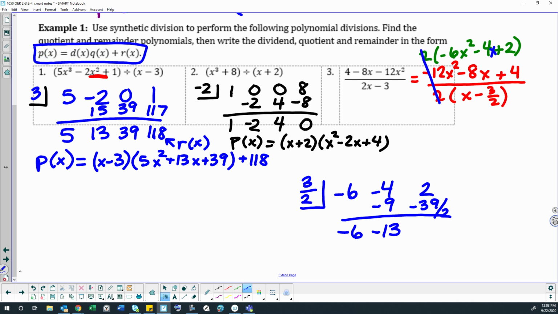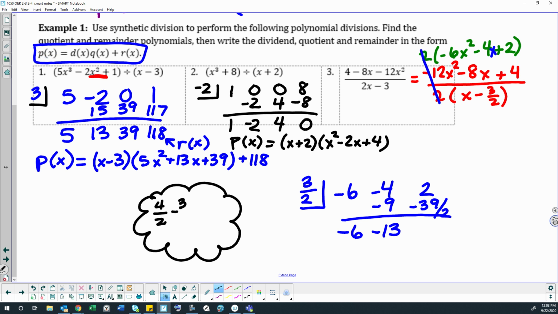Fractions are our friends. So we have 4 halves minus 39 halves equals negative 35 halves.